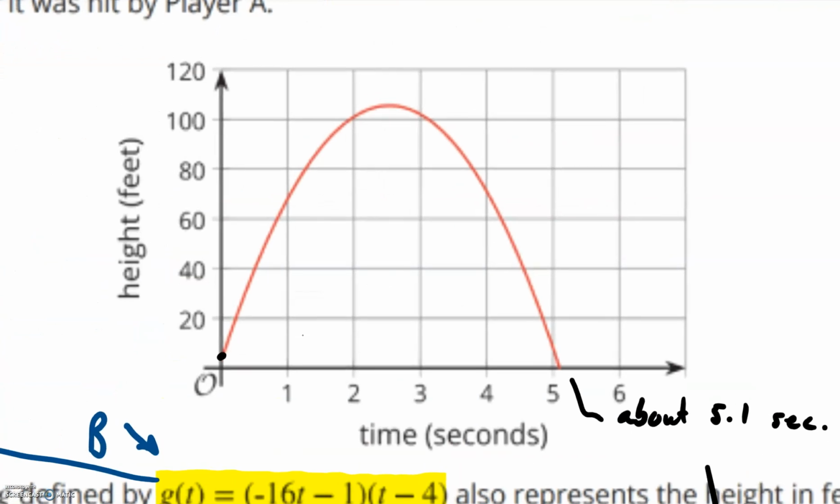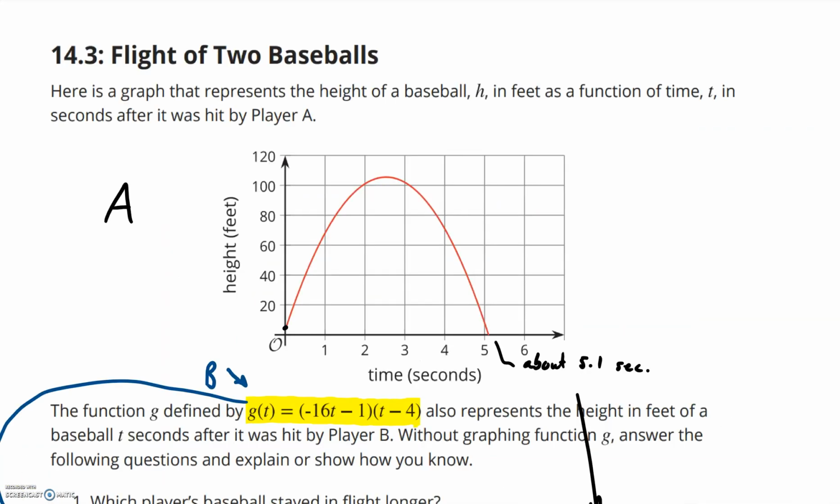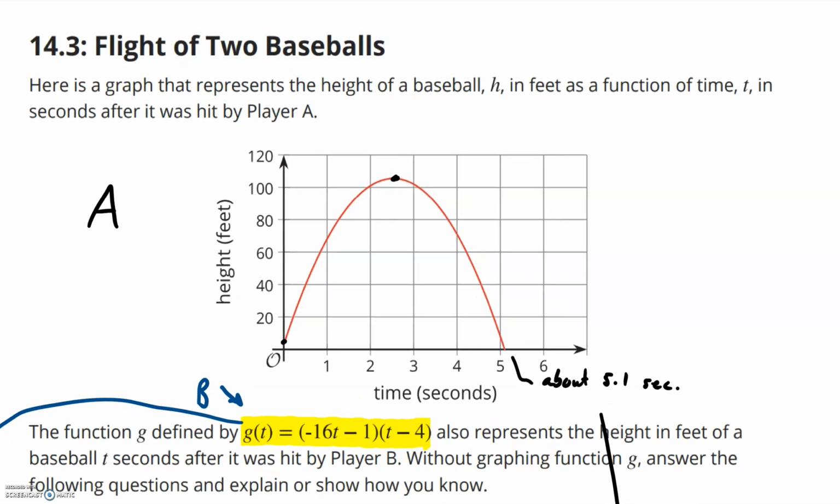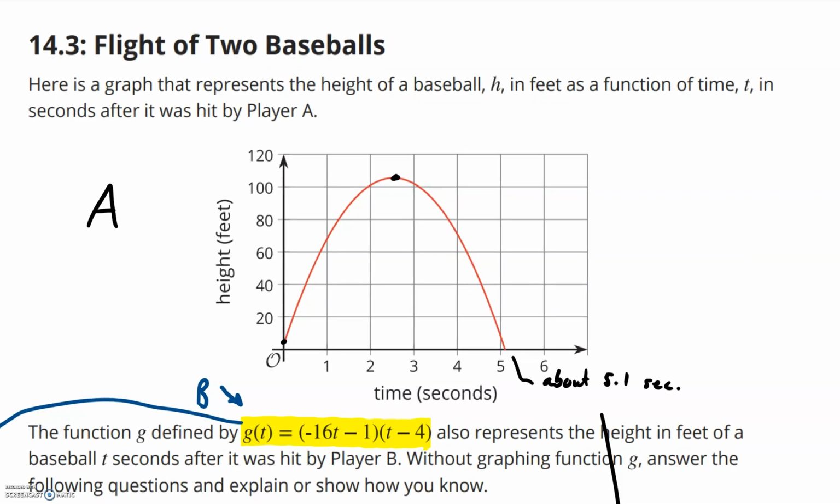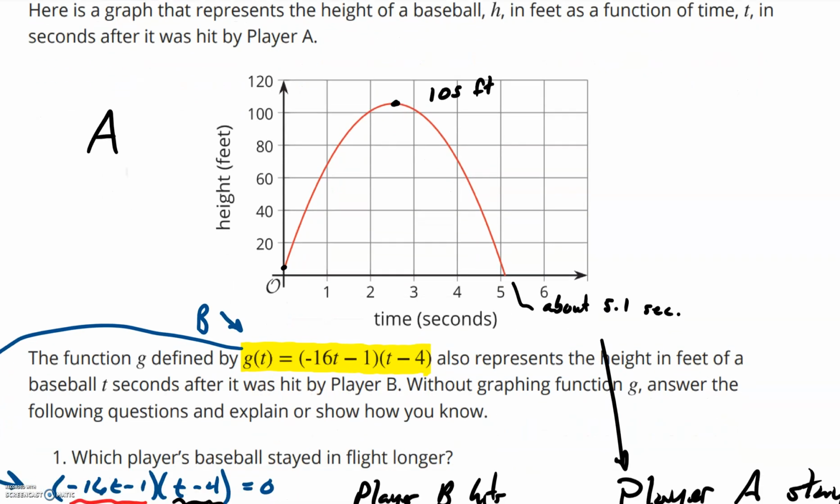The maximum height for player A looks to be right about here, which is, I would say, about 105 feet. It looks like.